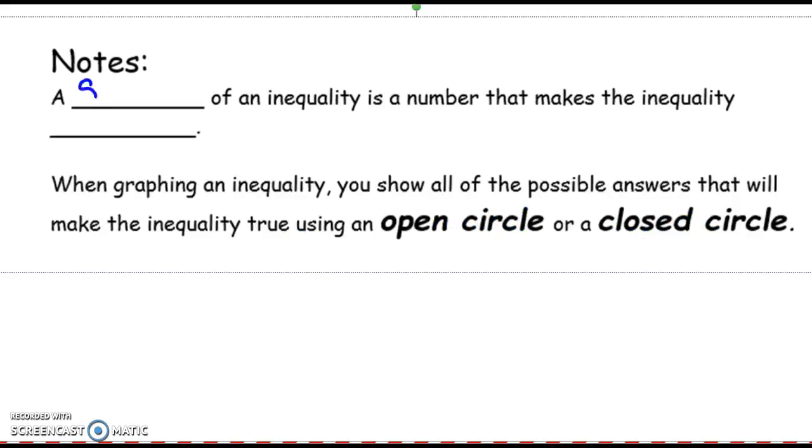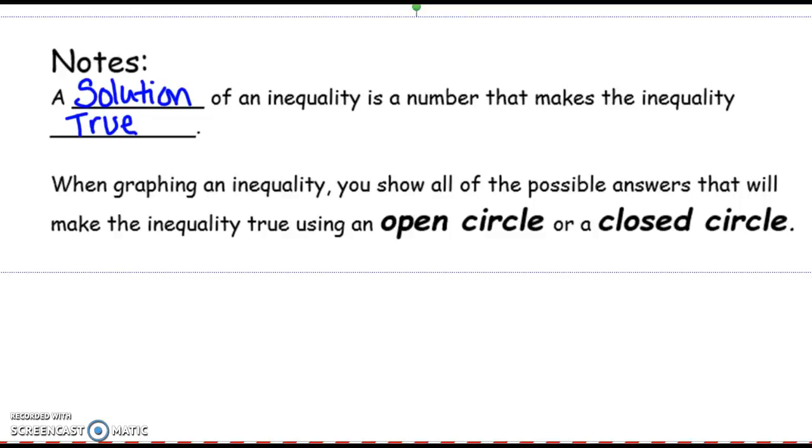A solution of an inequality is any number that makes the inequality true. The big difference between an inequality and an equation is that in an equation we end up with one answer, x equals 5.